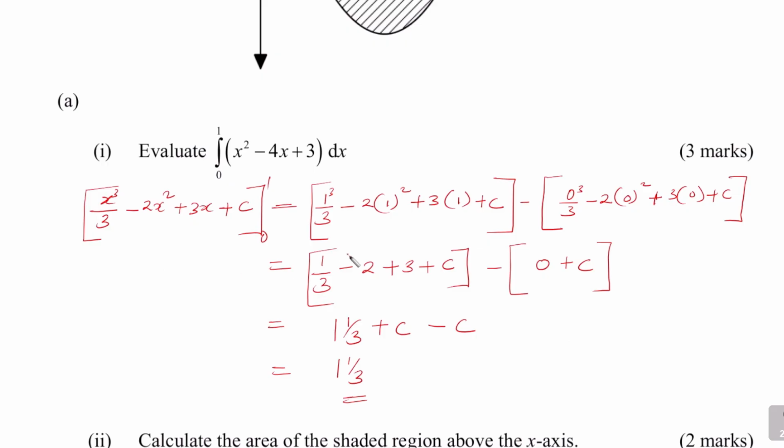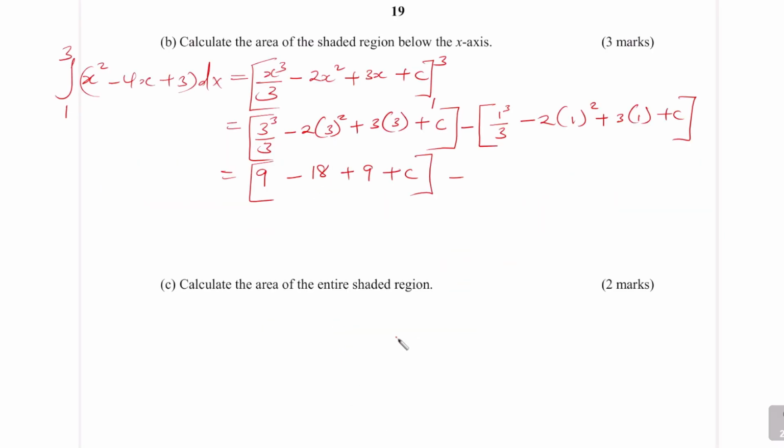Look at this part here, we substituted 1 here and progressed like this. We got 1 and a third plus c. So the whole of these will be 1 and a third plus c.